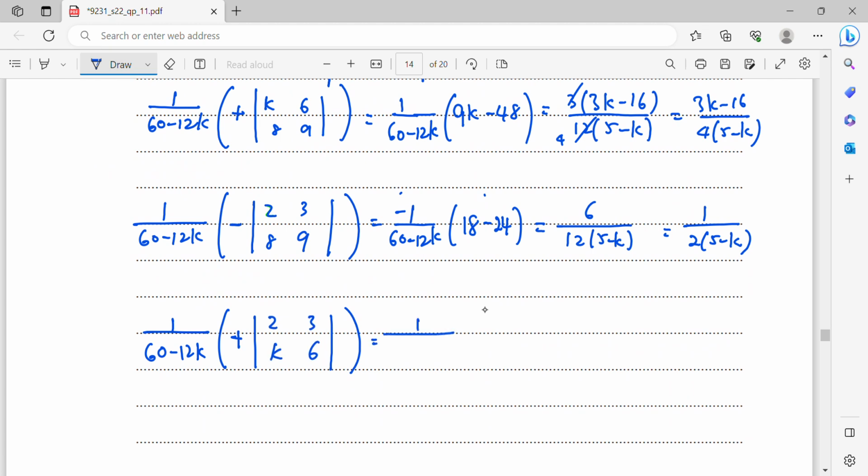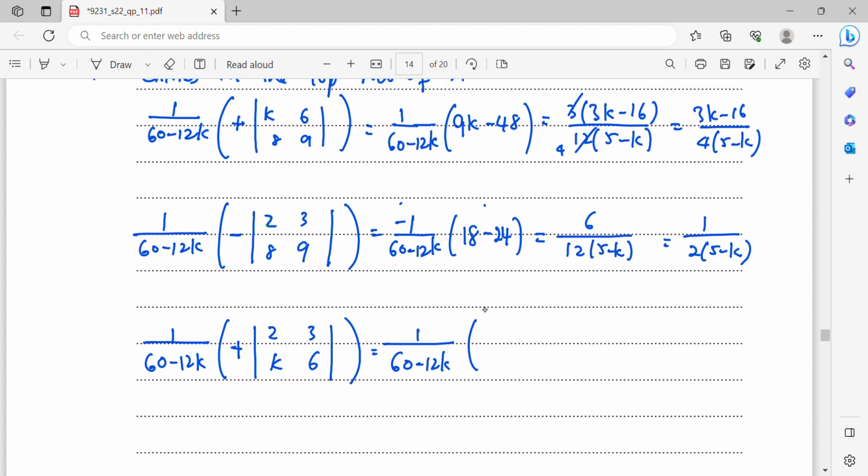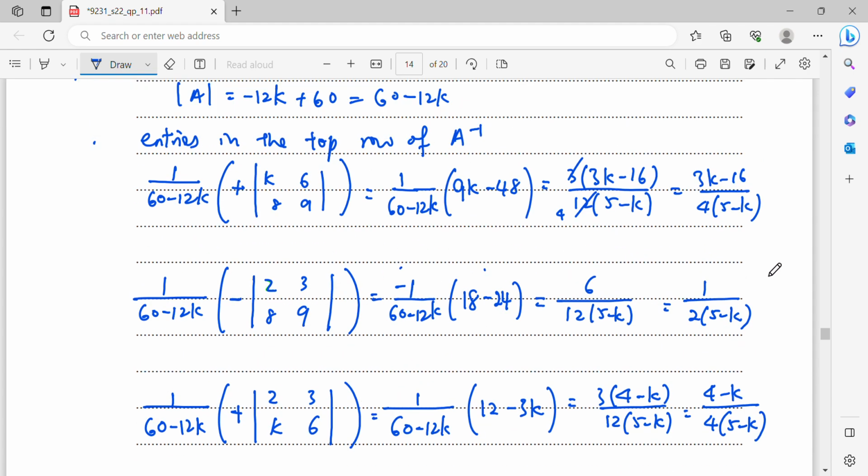Now again, I get 1 over 60 minus 12k multiplied with 2 times 6, which is 12, then minus 3k. Again you factorize the 3, which is in common: 4 minus k over 12 bracket 5 minus k. The 3 and 12 can be simplified. I will get 4 minus k over 4 bracket 5 minus k. So these are the entries in the top row of A inverse.